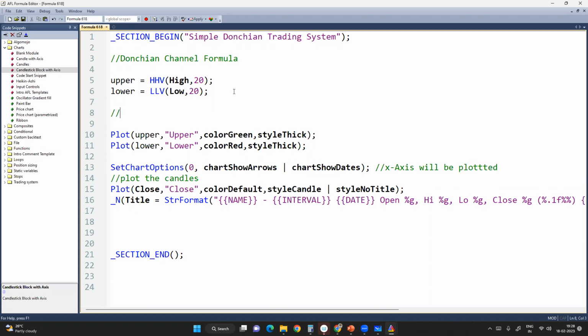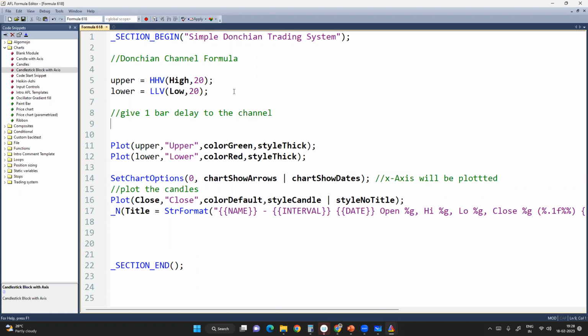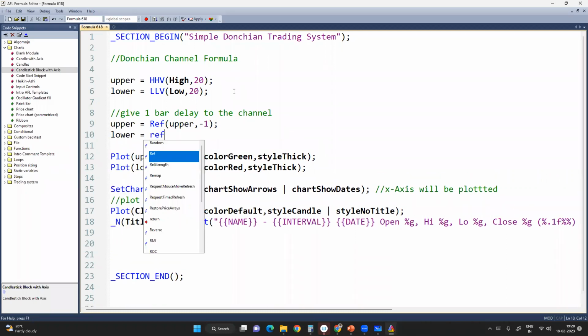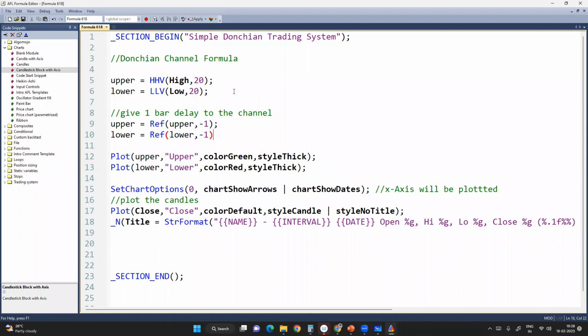So I'm going to give a 1 bar delay to the channel. Now what this will do is, I'm going to say upper equal to reference of upper comma minus 1 and lower equal to reference of lower comma minus 1. So this will give a 1 bar delay so that during live markets, it will not fluctuate with the live values.